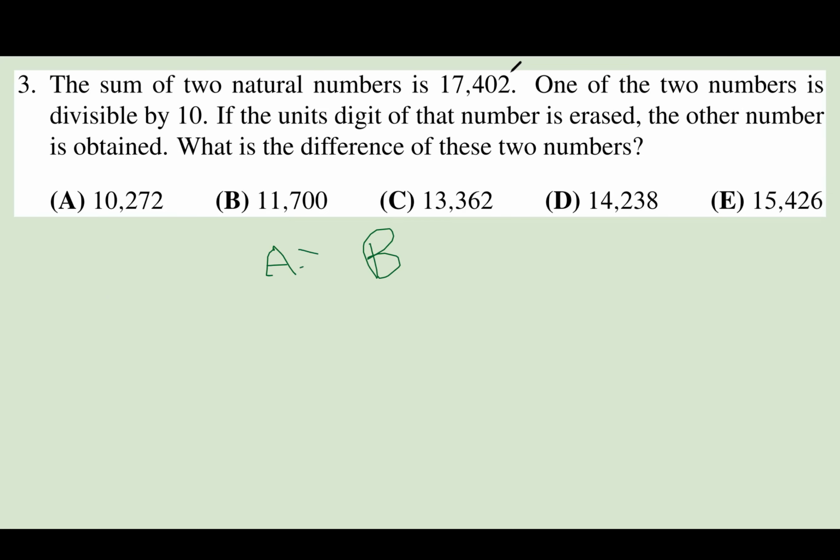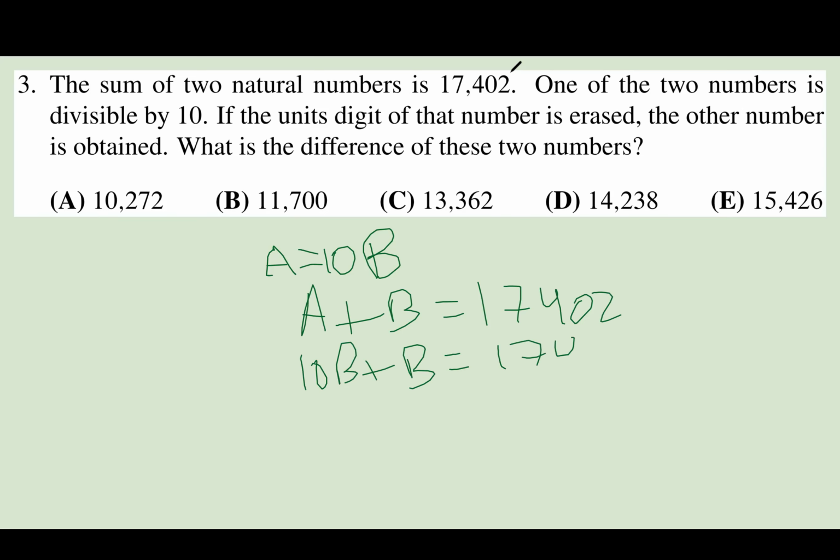A is equal to 10B, and A plus B is 17,402, right? But remember, A is 10B, so 10B plus B is 17,402. 11B is 17,402, right?